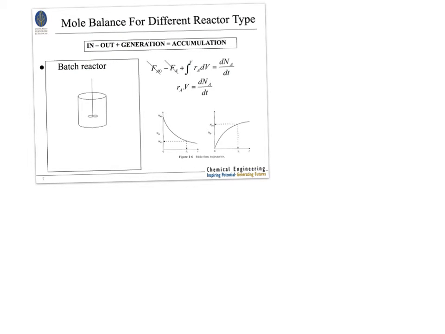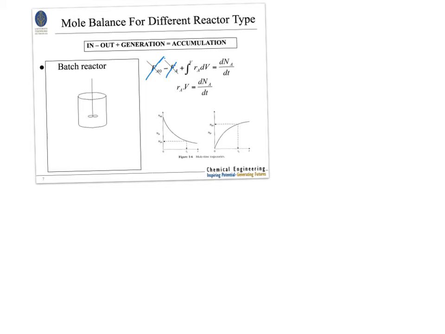Okay, so now we are going to modify the general mole balance equation to suit the reactor type. We look at the first reactor, the batch reactor. For a batch reactor, we don't have any flow in and flow out. So FA naught equals 0, FA also equals 0.